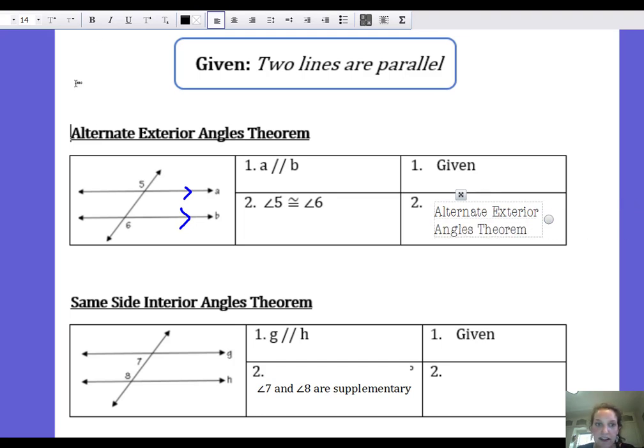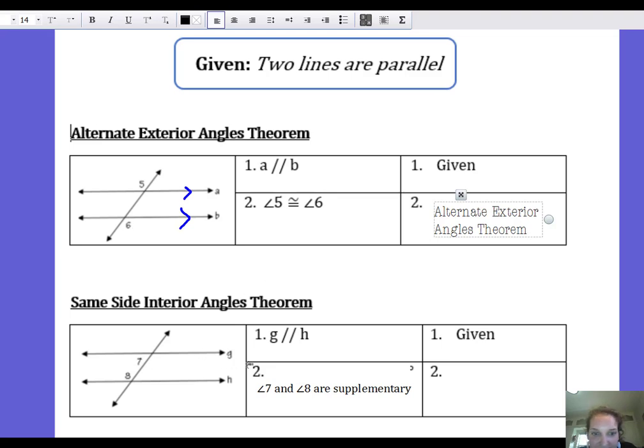First we know the lines are parallel, then we can say that those angles are congruent. We're only allowed to say that those angles are congruent if we know that the lines are parallel. If we don't know the lines are parallel, we cannot say that those angles are congruent.